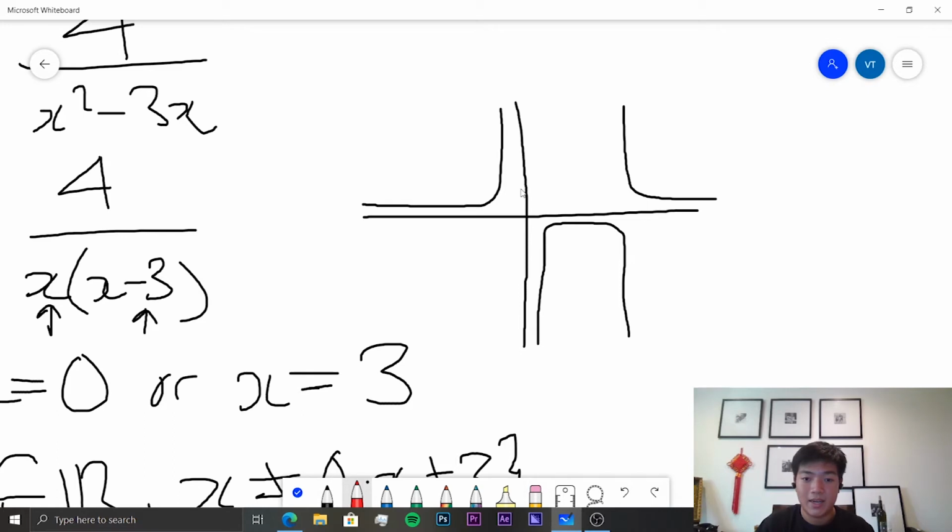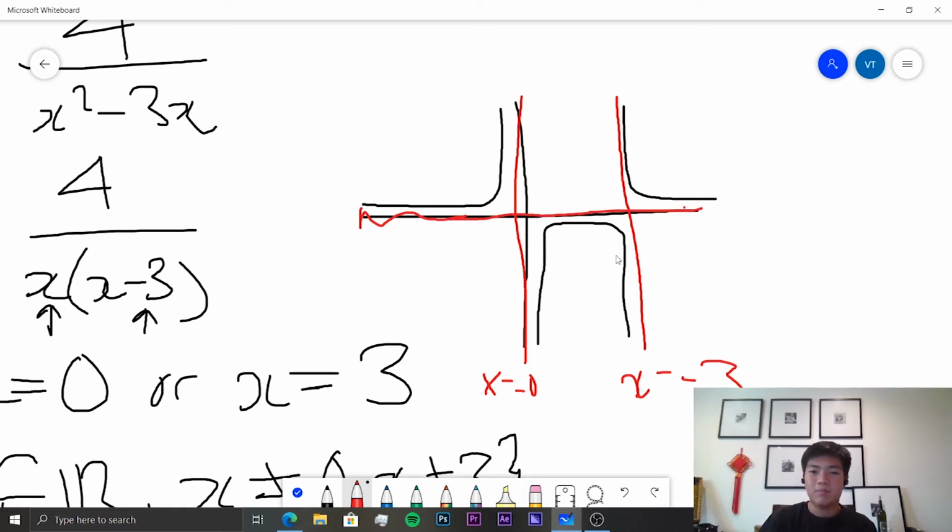As you can see, we have our asymptote at x equals 0, and we have another asymptote at x is equal to 3. Note that there would be a y asymptote. I'm not too sure where it would be, but it's irrelevant for this question.